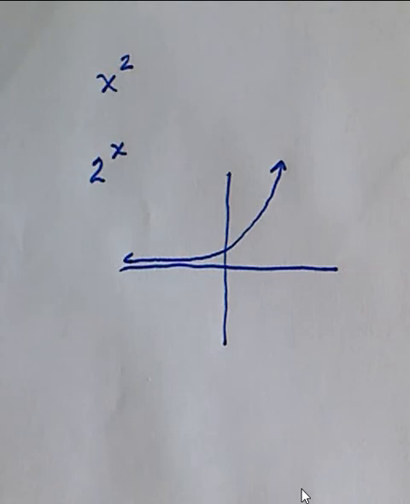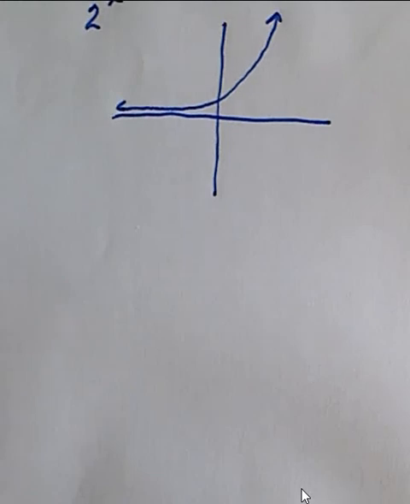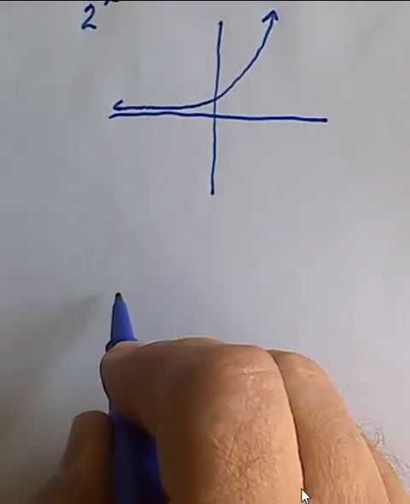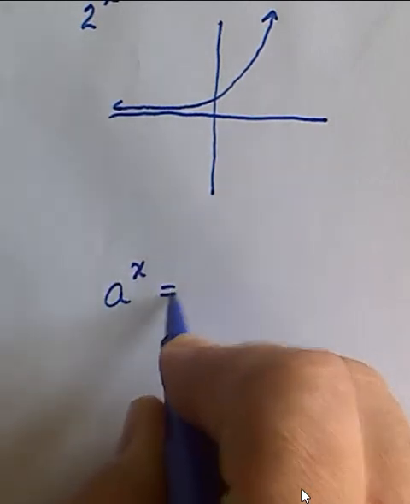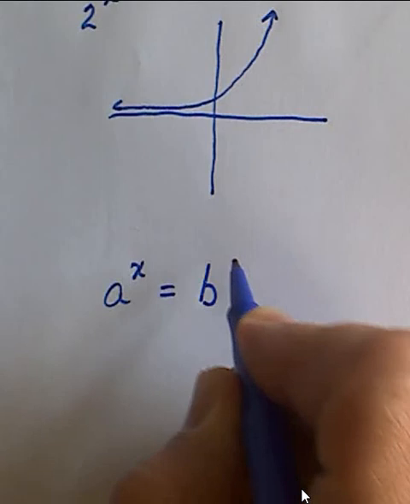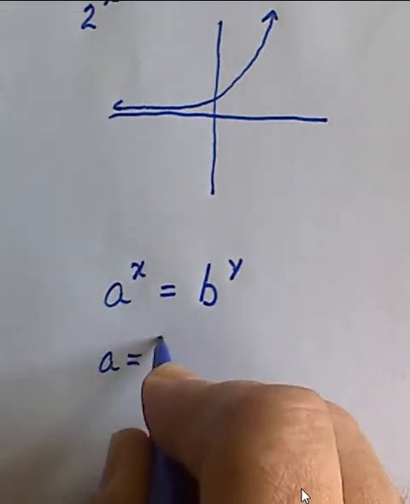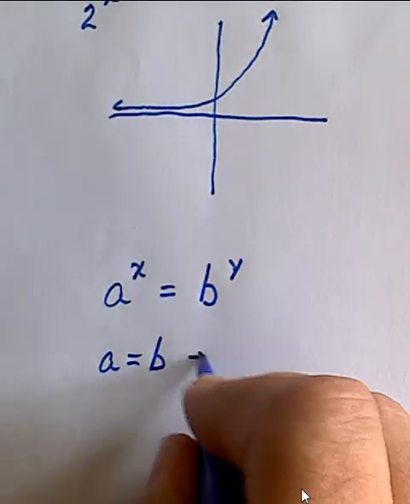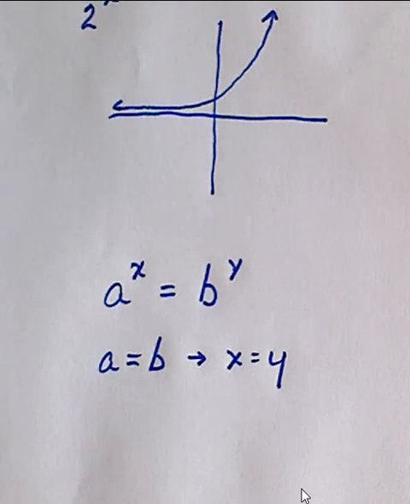solve some equations. The premise behind solving an exponential equation is if you have a to the x power equals b to the y power, and a equals b, if a and b are the same number, then that means that x and y, the exponents, must also be equal.